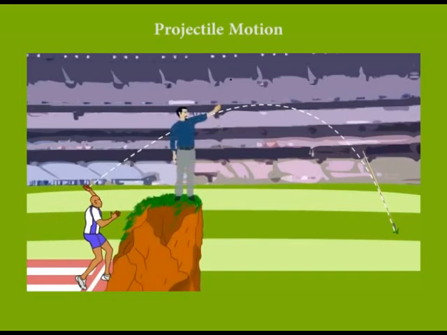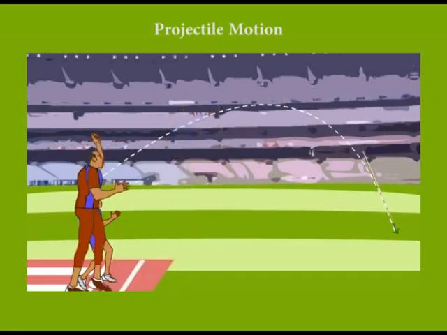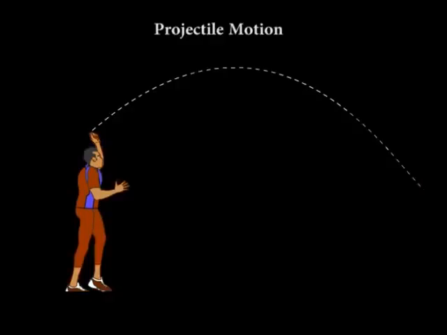An object dropped vertically downwards, an object thrown vertically upwards, and an object thrown obliquely upwards are examples of projectiles. In all these cases, the effect of air resistance is neglected. The velocity of a projectile varies from place to place.